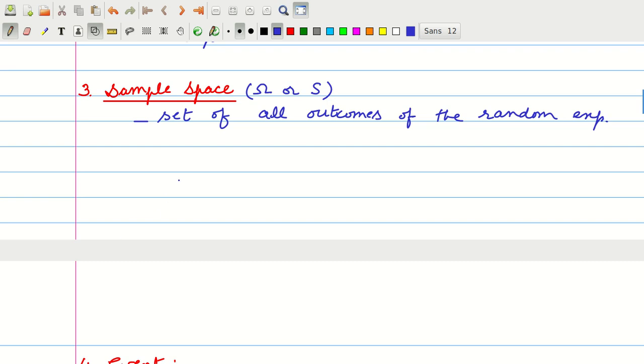For example, if you consider tossing a coin, then there are two possible outcomes, heads and tails. We denote them by h comma t. So h comma t then constitutes the sample space. If you consider rolling a die, assuming a 6-faced die, the sample space would be numbers 1, 2, 3, 4, 5 and 6 and so on.